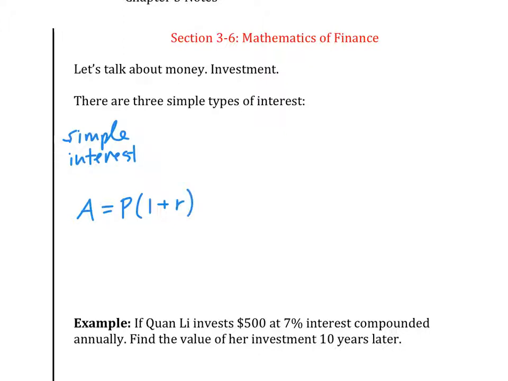And all of these are in decimals, not percentages. Okay, so let's label them. A is the amount that you get at the end. P is principal, that is how much you put in at the beginning. And then R is the rate, so the interest rate.